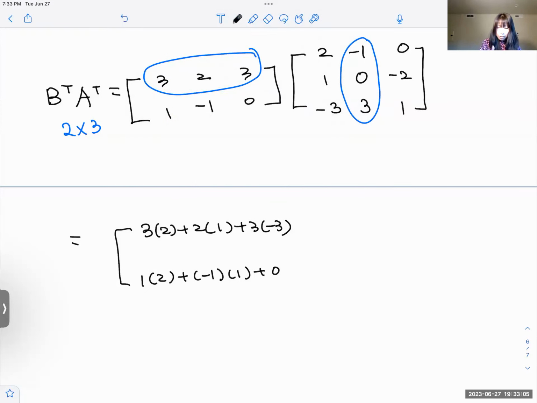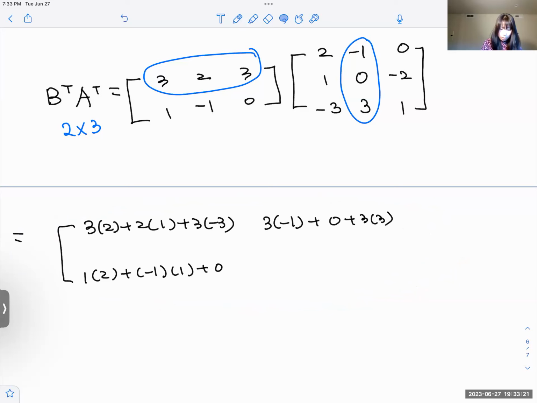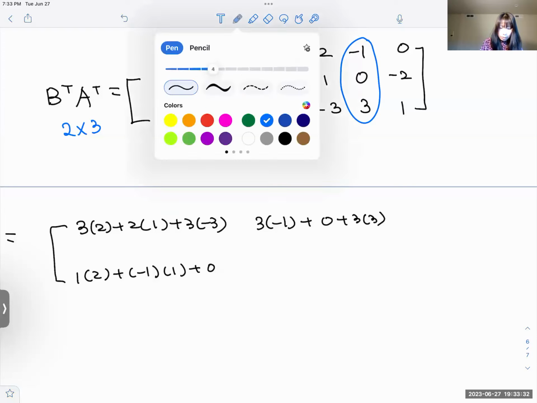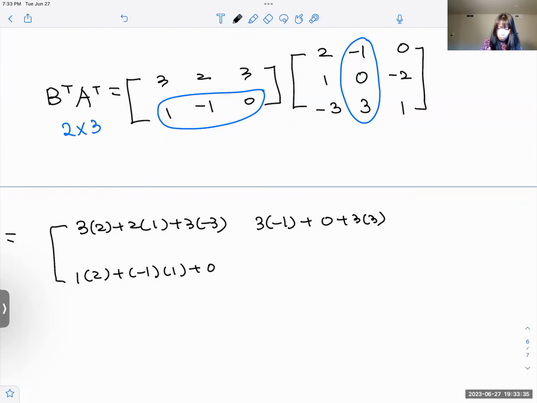First entry, second entry, third entry, you multiply and add them. So 3 times negative 1 plus 0 plus 3 times 3. Now second row: 1 times negative 1 plus 0 plus 0, right?